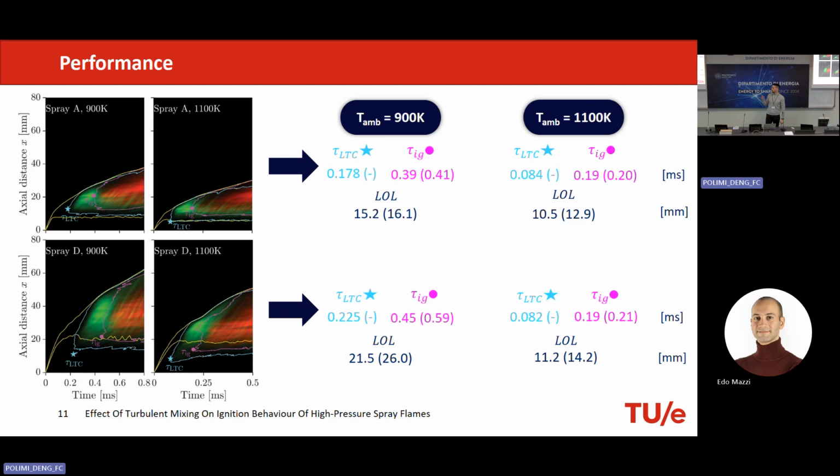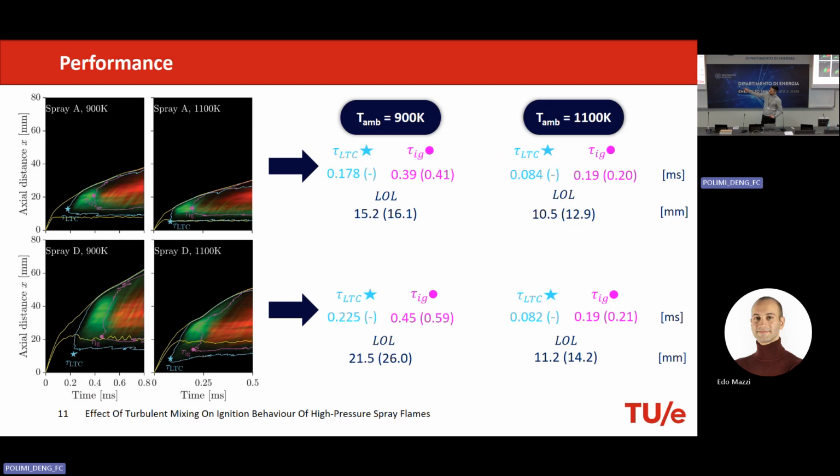However, the most important thing to consider is that the model reproduces well the problem that we are dealing with. So at 900 Kelvin, indeed, spray D is igniting later than spray A, while at 1100, this behavior is not seen.